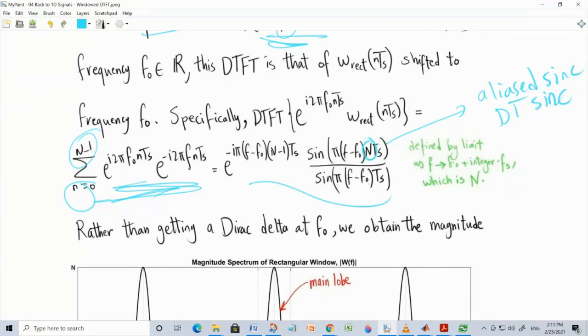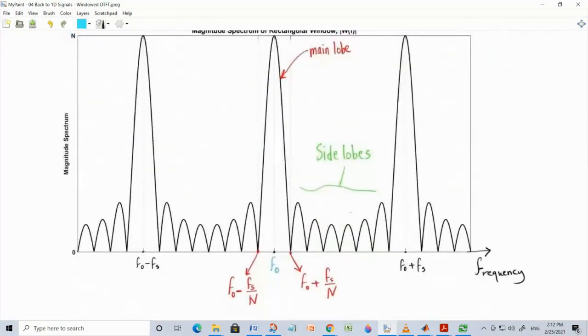Okay, and now if you plot the magnitude of this thing, of course it's not a Dirac delta. So again, if you do the original DTFT and you have a complex sinusoid with frequency f0, you should get a Dirac delta at f0. But now what you get is this thing. You get something that is trying to be a Dirac delta.